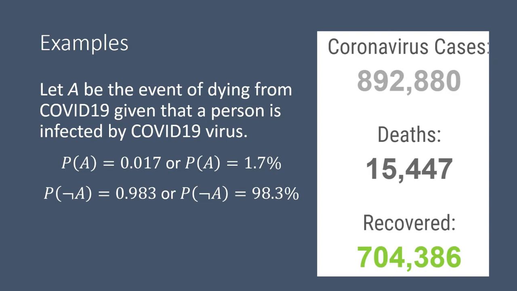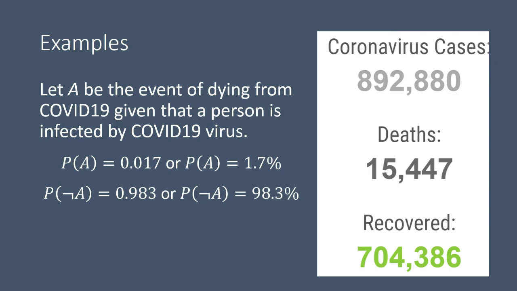What that means is even if you had been infected by the COVID-19 virus, the probability that you will not die is in fact very high. Well, that is not a sure event. But look at this. This is close to 1. This is close to 100%. So it is close to being a sure event.